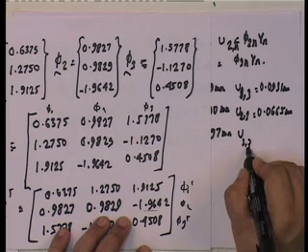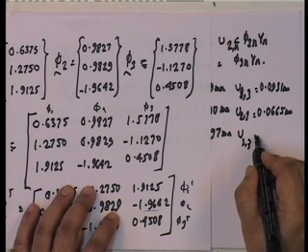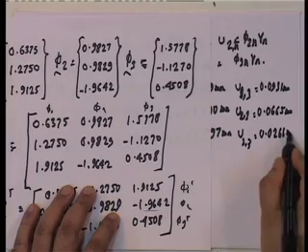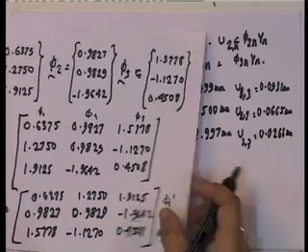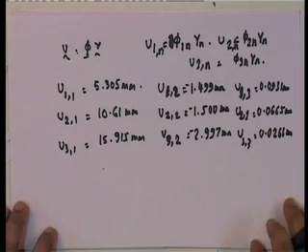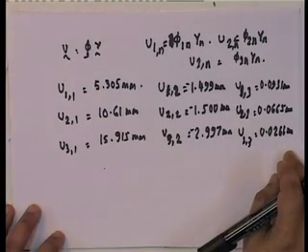So, you get V33 is equal to what? It is going to be smaller, and that is 0.0266 millimeter. Okay. So, in a sense, these are your displacements. Okay. Now, all of them are with sin omega bar t.